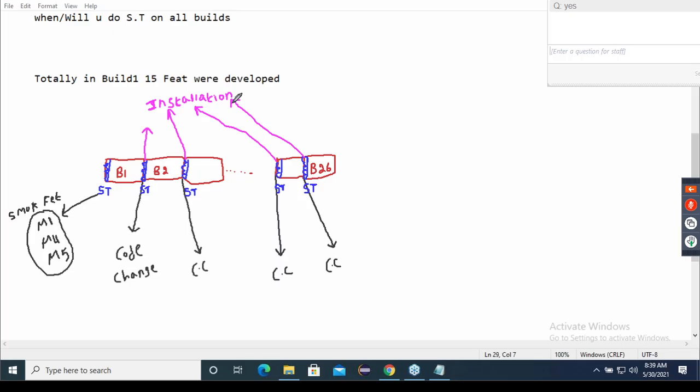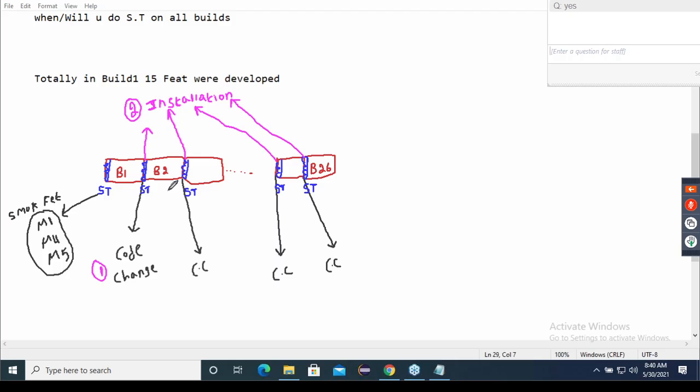Yes. So can I say, guys, this is one reason, but installation is also one reason that we should do smoke testing. If installation is not done properly and because of the installation mistake I find a blocker bug on the second or third day, I still cannot proceed with my testing.